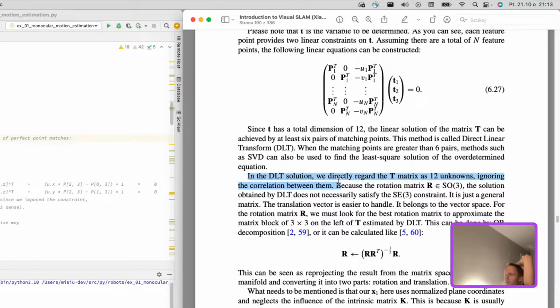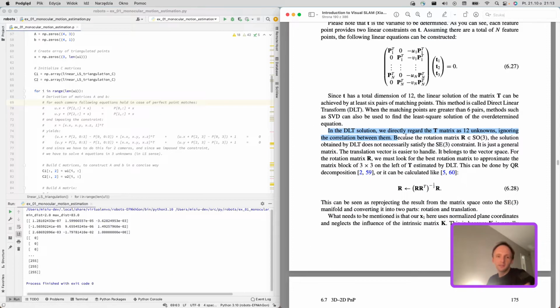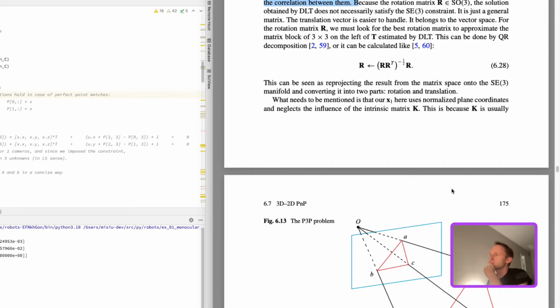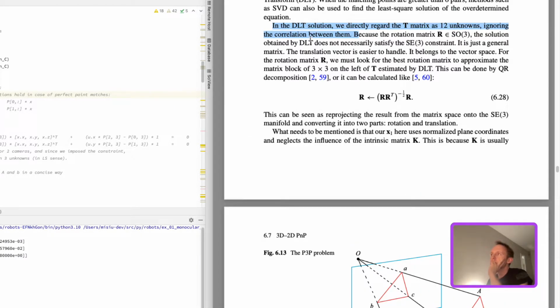Well, we're not solving on the manifold, so it totally doesn't make sense. Yeah, so we just reproject.